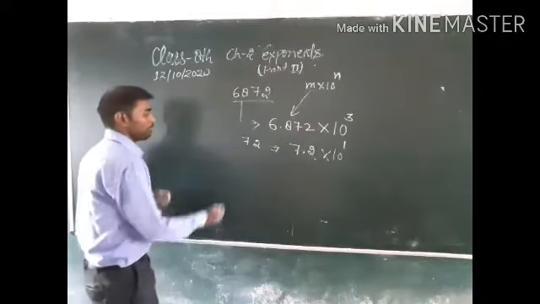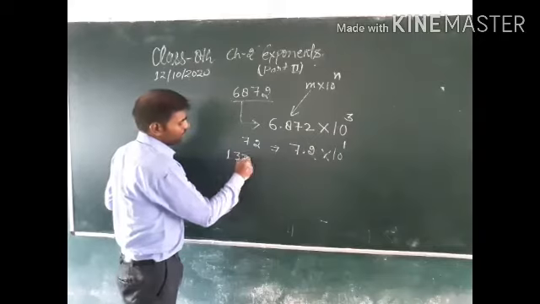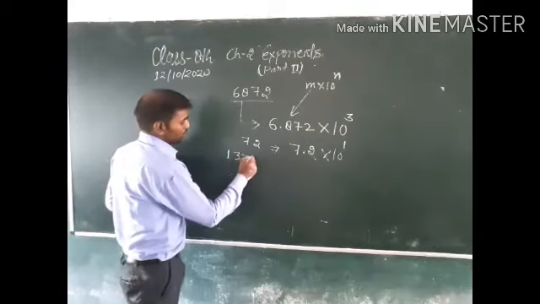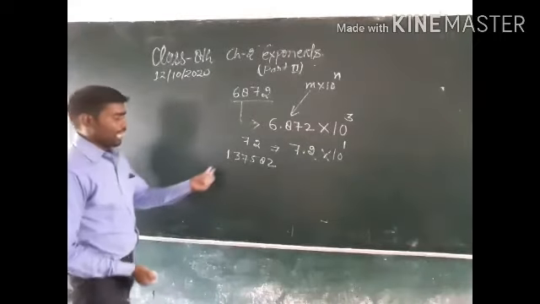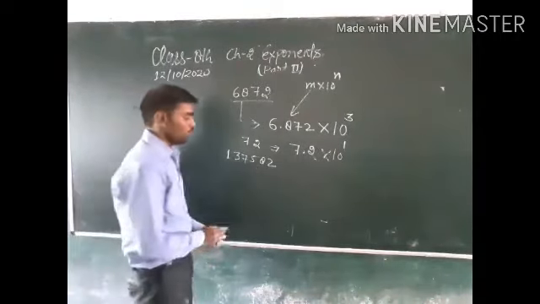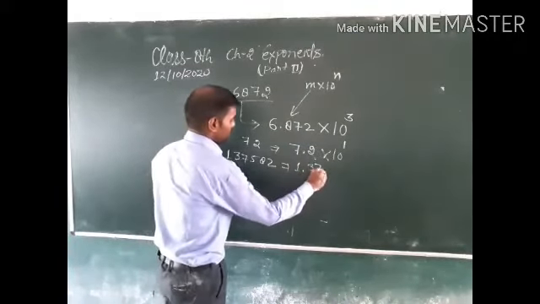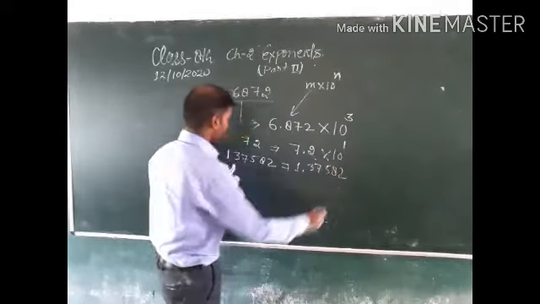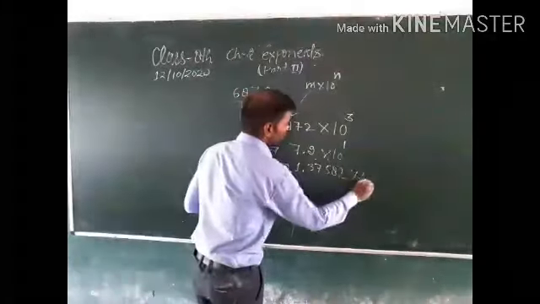Now take another example: 137582. It can be written as 1.37582 into 10 to the power.